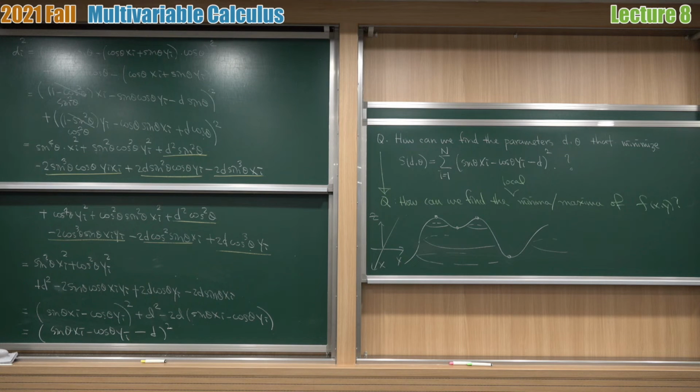Let's say that d prime and theta prime is a certain point. And that point is local minima or maxima if we substitute those values into the partial derivatives with respect to theta and d, and if those derivatives are zero, then we can say that theta prime and d prime is a local minimum or local maximum.